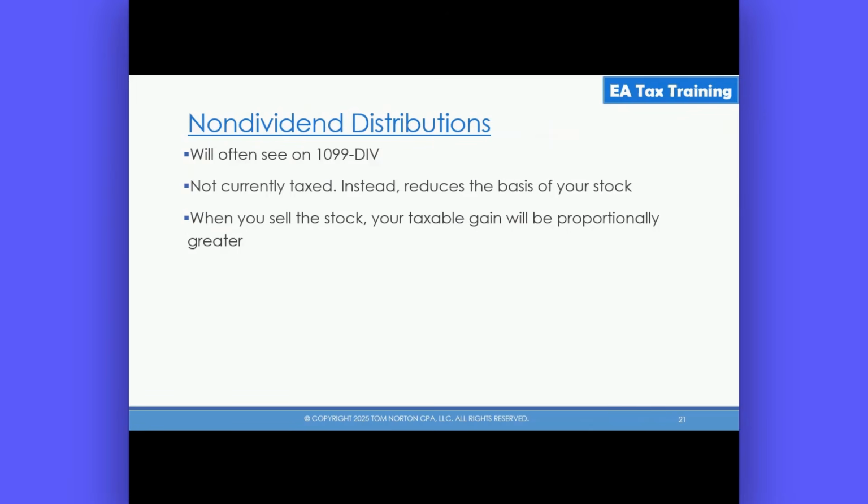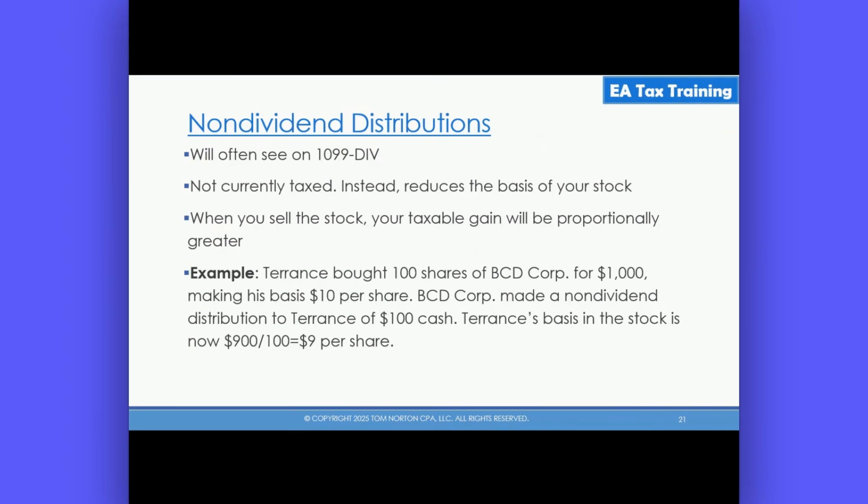However, what it does is it reduces the basis of your stock so that when you sell the stock, your gain on the sale of that stock is going to be proportionally greater. So, for example, Terrence bought 100 shares of BCD Corp for $1,000, making his basis $10 per share. BCD Corp made a non-dividend distribution to Terrence of $100 cash. So now Terrence's basis in the stock is $900, which is $9 per share.